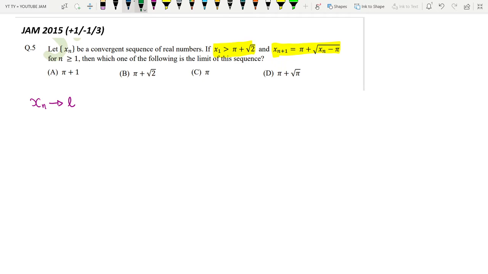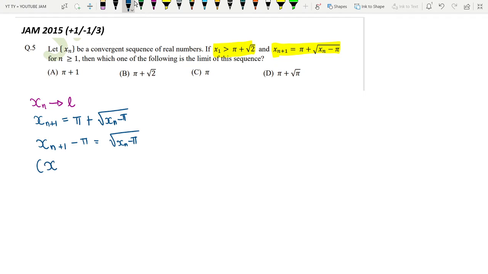So that given information is my xn plus 1 is equal to pi plus root of xn minus pi. I just try to simplify this relation. Right, so this is nothing but xn plus 1 minus pi is equal to root of xn minus pi. This root is something that I don't like. So as we used to do in school, we just take a square on both sides.